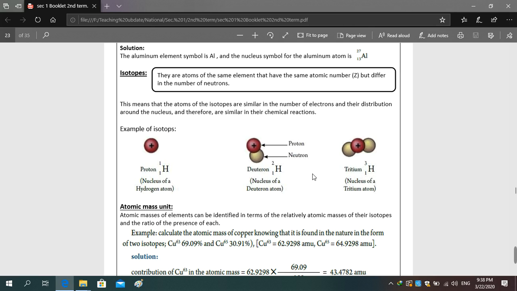Each element around us has its specific isotopes in nature. Hydrogen has 3 isotopes, copper has 2 isotopes, and so on. Oxygen also has its own isotopes.